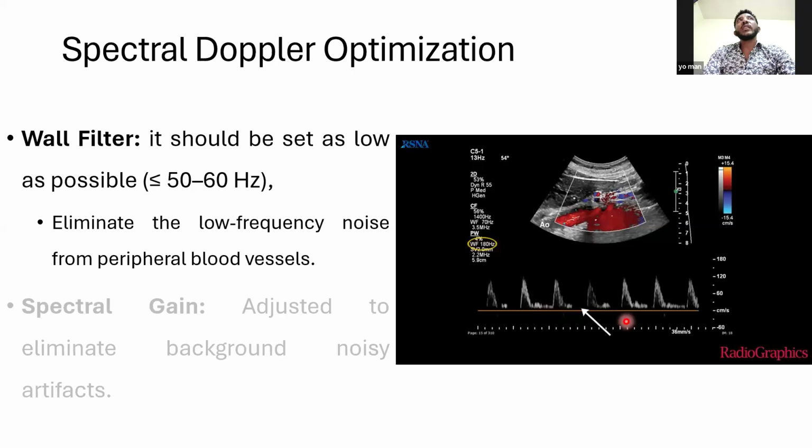Then the wall filter is set as high in this one, so you lose information in the diastolic flow, the low diastolic pattern, because you placed the wall filter as high as 180 Hz. This results in misinterpretation because absence of diastolic flow will be interpreted as pathology, and we are going to see that pathology in the next slide.